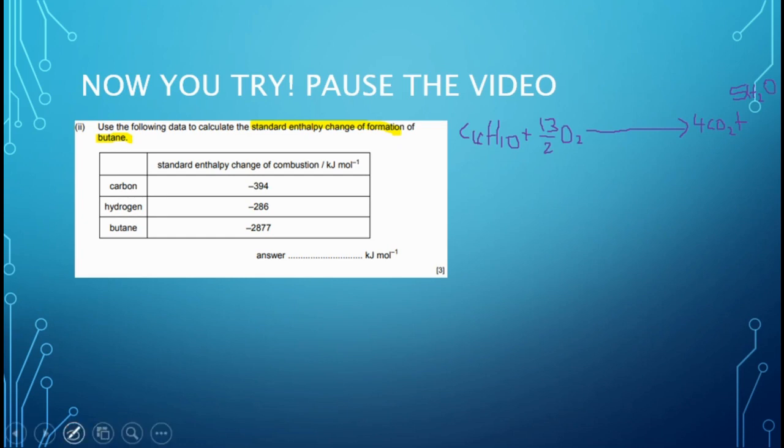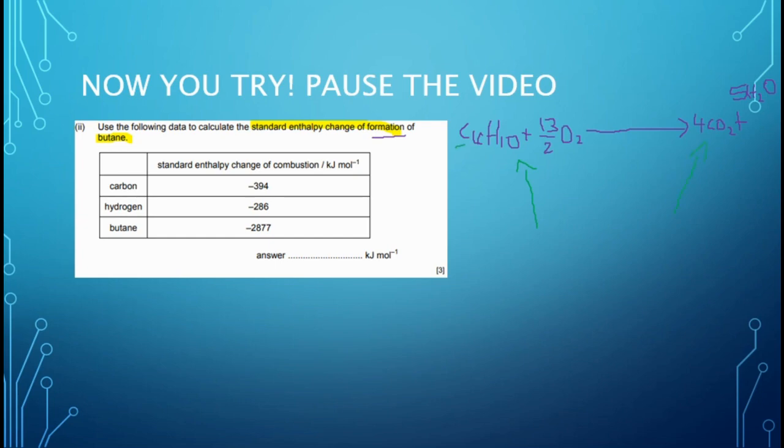Now we need to know that it is formation, meaning that this time we need to do it based on the combustion products that we have. No, sorry, formation, the elements we have, pardon me. And this time, because it's formation, the arrows point up.